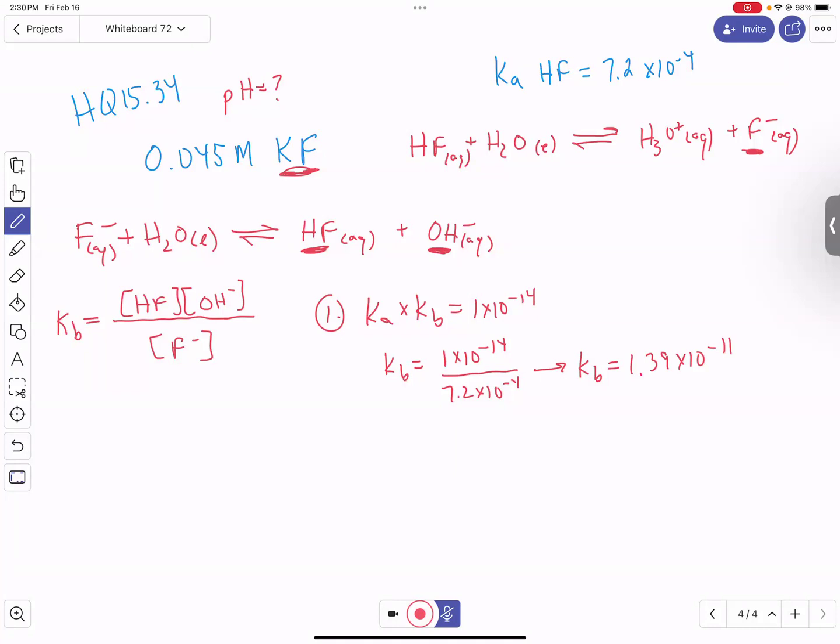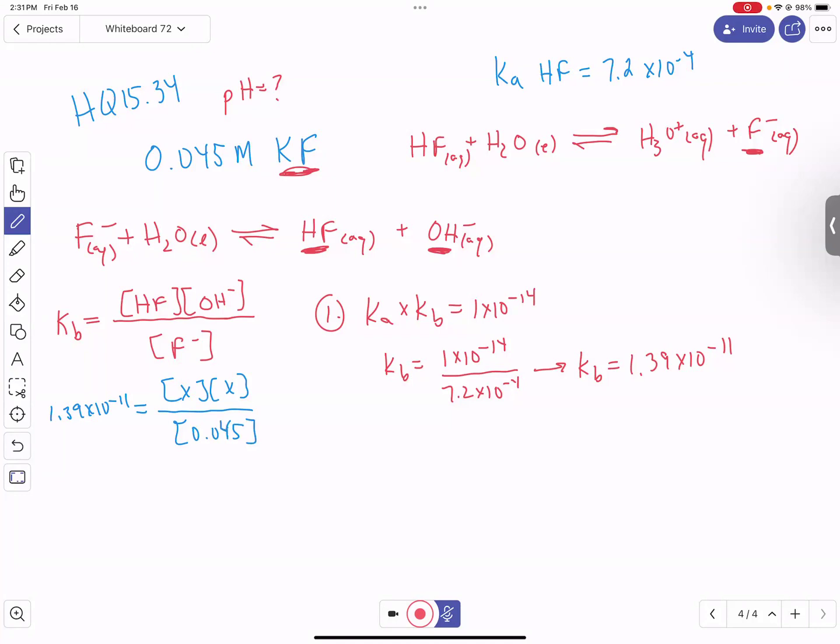So it's a really weak base, but fluoride is a base. It does behave like a base. Now we can use our Kb. So I know 1.39 times 10 to the minus 11 equals X times X all over my 0.045 concentration.